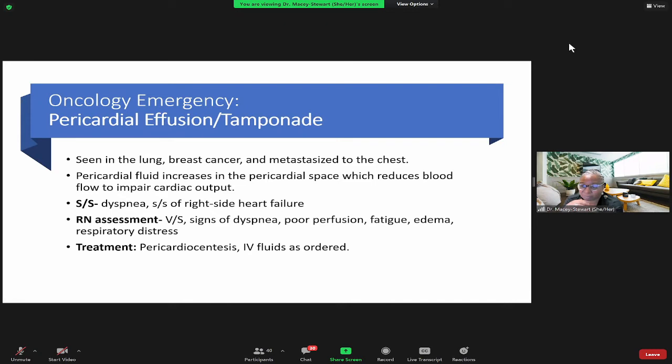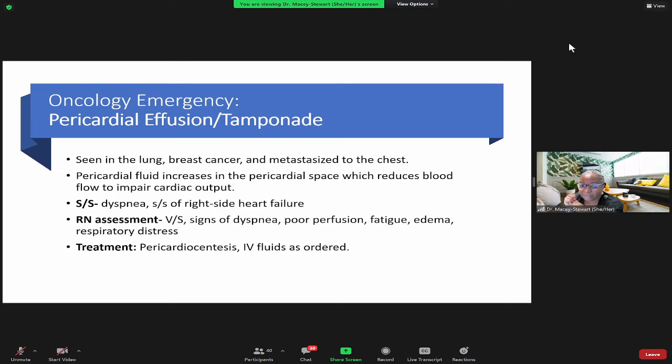Pericardial effusion. You see it in lung cancer, breast cancer, if they have metastatic disease to the chest. When I say disease to the chest, you can also think of bone cancer because your rib cage are bones, right? So you have a little bit of fluid that goes around your heart. That's normally there in the pleural space, okay?